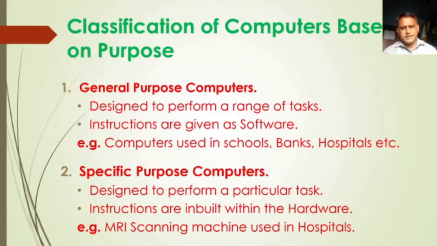They are incorporated within the hardware, and as soon as the system is switched on, it starts executing those instructions which are embedded in hardware, and it just carries out the task assigned to it.